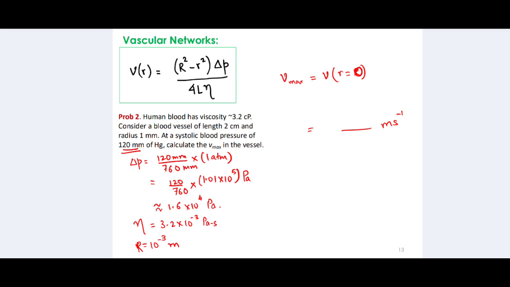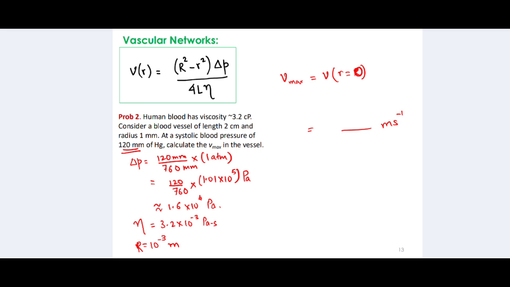So, 120 by 760 into, just put in the numbers, 1.01 into 10 to the power 5 pascals. So I'm in the SI unit regime. I'm doing good. So how much does this come to? At least by my calculation, this could be 1.6 into 10 to the power 4 pascals.